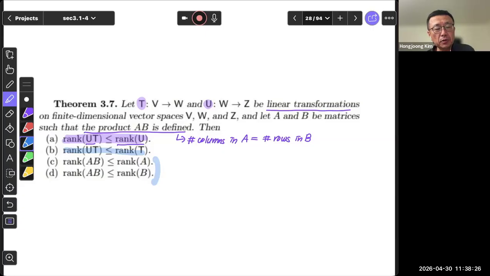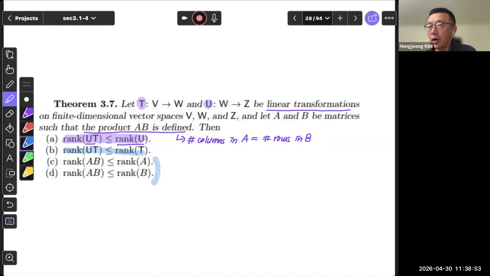But if you consider some data science these days, there are some papers which claim that when they consider some composite functions, they can introduce more linearly independent information, which does not make any sense, because of this theorem 3.7.